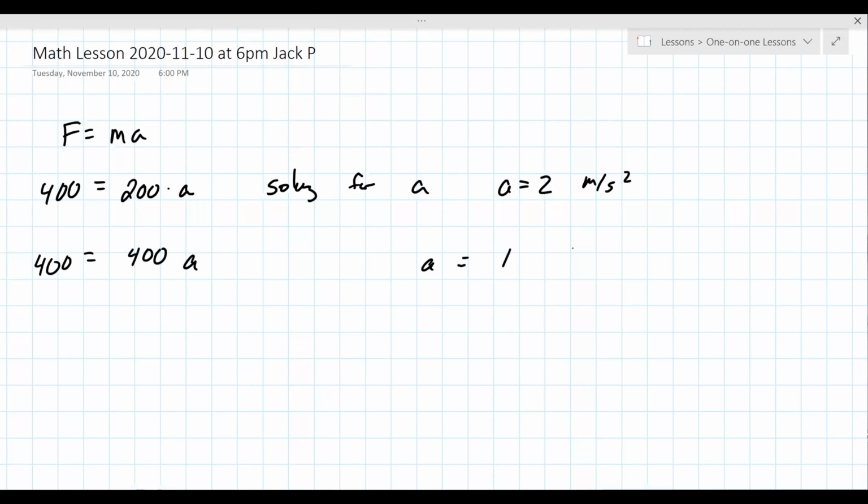Acceleration is 1 meter per second squared. Oh, okay. So it goes down. So when you hold force constant, if mass increases, then acceleration decreases. If acceleration increases, that means mass must have decreased. So the acceleration decreases.